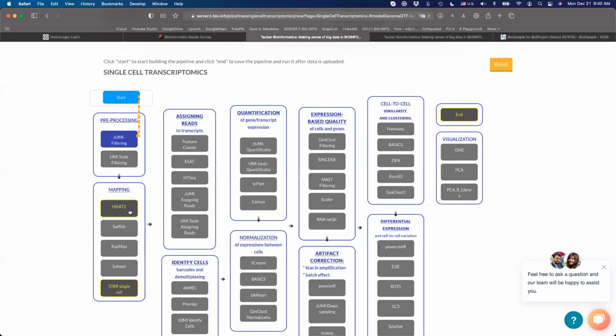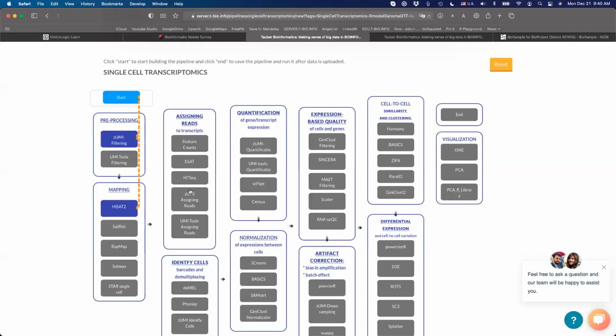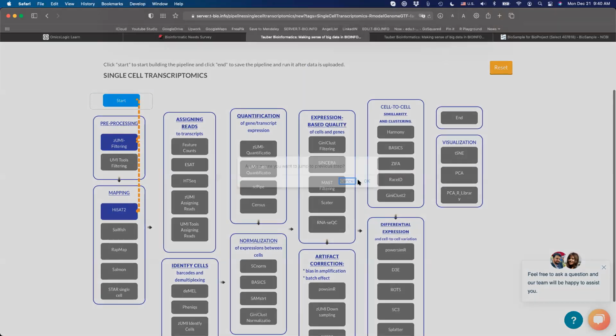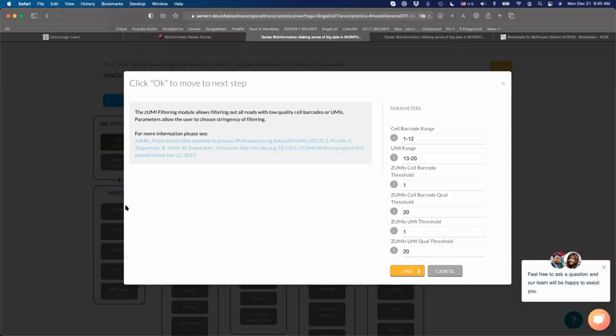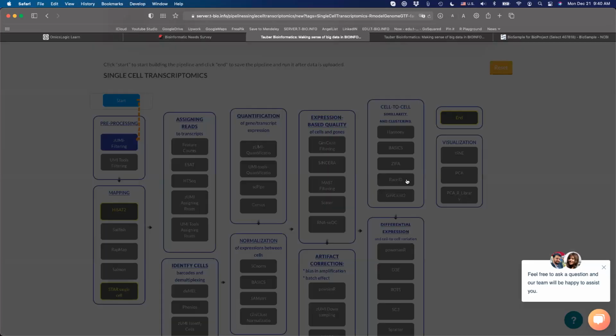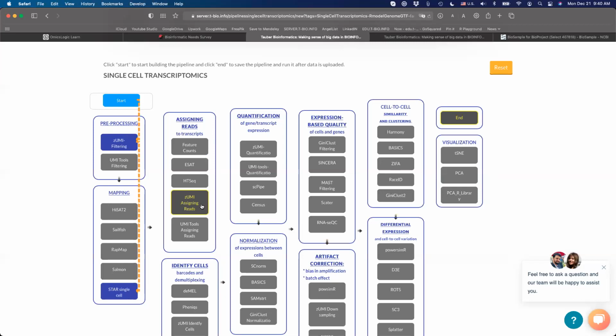And then you can do mapping. So again, we're mapping on the genome. In this case, we're mapping on the mouse genome. Here, and we'll use STARsolo.